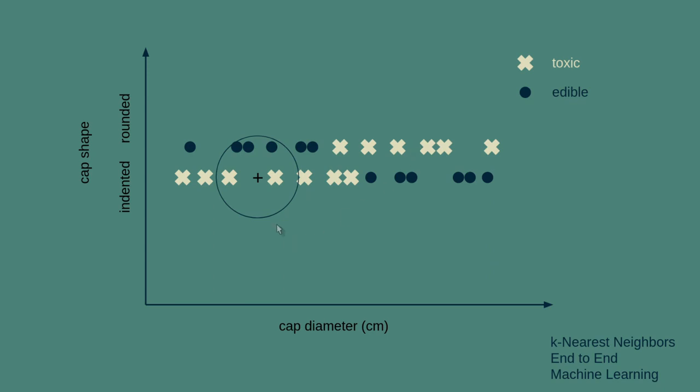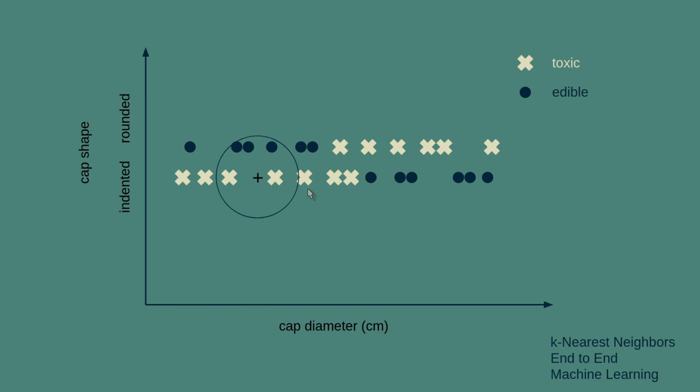Here's another example. If we're looking at this location and using k equals 5, we could look for the 5 closest neighbors and find that right here among the indented cap shapes, this mushroom would be projected to be edible. Even though an eyeball check says, you know what, it's sitting there among the indented cap shapes where all the rest are toxic, it's probably toxic.